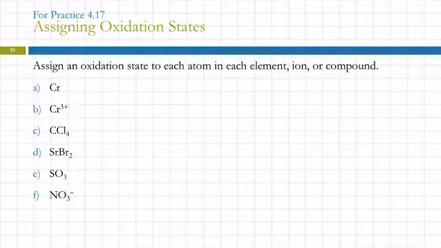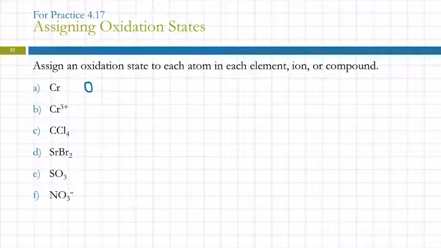We need to be able to assign oxidation states. So here we've got chromium. So is that an element all by itself? Yeah. What's its oxidation state? 0. So the oxidation state here is 0. Now as we do these, if you're like, how the heck did you do that? Please ask, okay? This is a chromium atom.